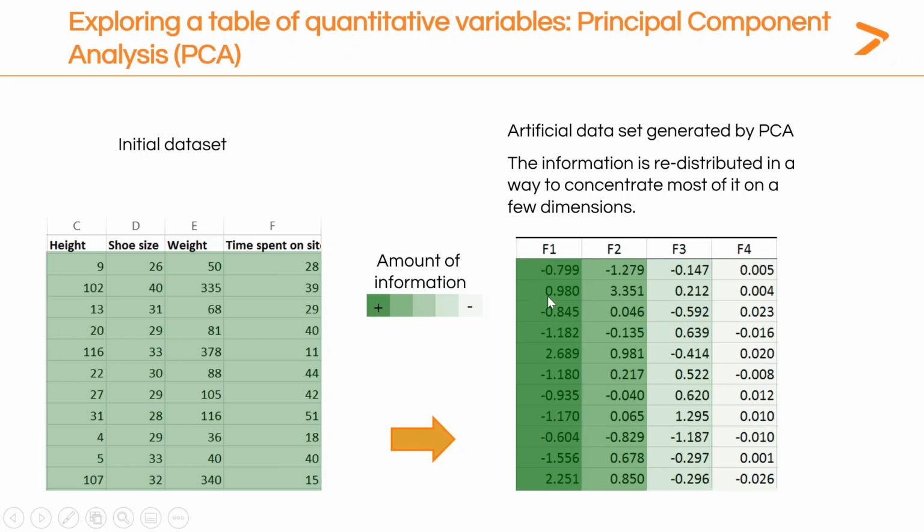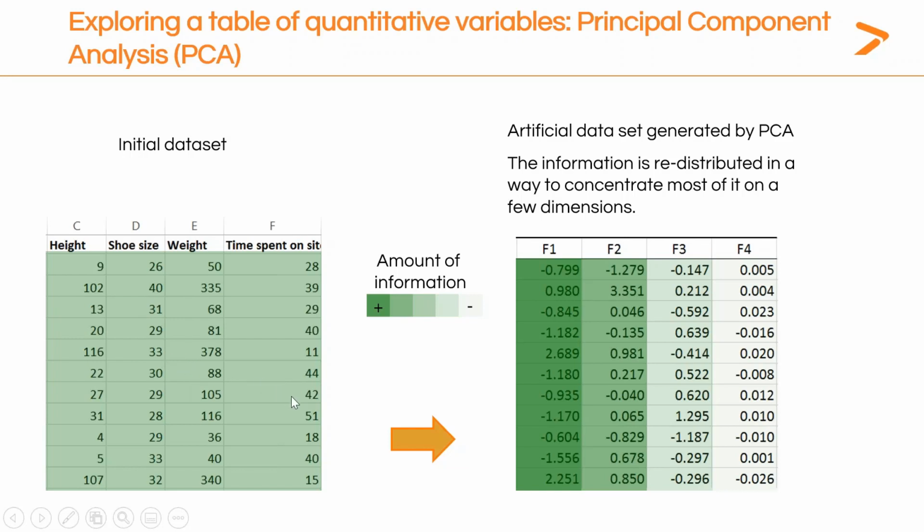Don't try to interpret these numbers now. They don't really make sense for now, okay? But just know that PCA takes the information from the initial data set and tries to concentrate a maximum of information in a reduced number of columns. So investigating only F1 and F2 in terms of scatter plots, for instance, allows us to have an overview of most of the information from the initial data set.